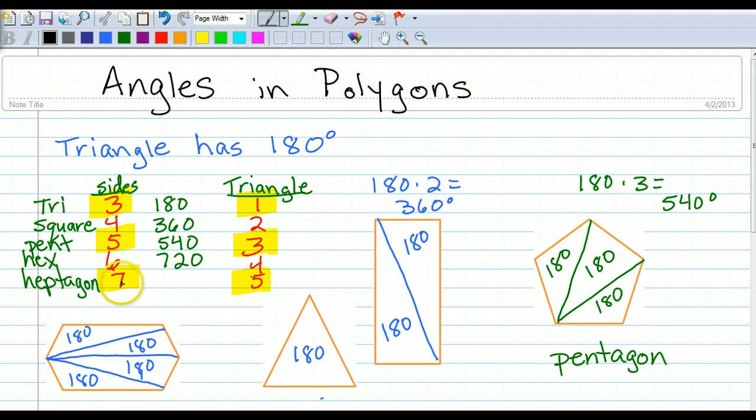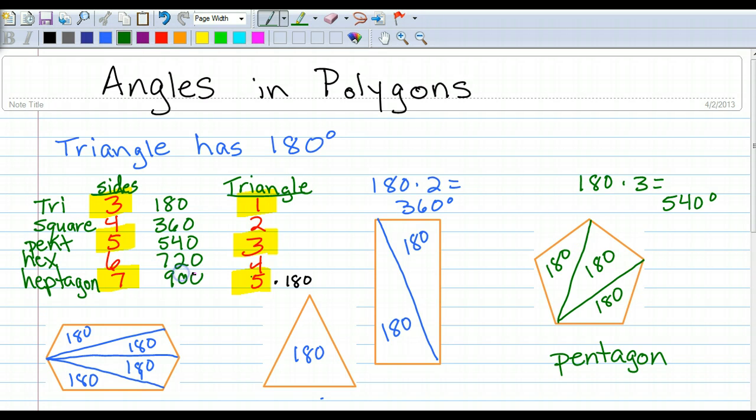So a heptagon has 7 sides. 7 minus 2 makes 5 triangles. We multiply it by 180, do that on your calculator, and tell me how many degrees are there in a heptagon.